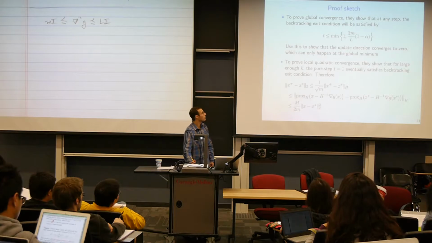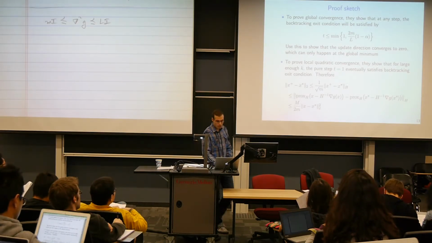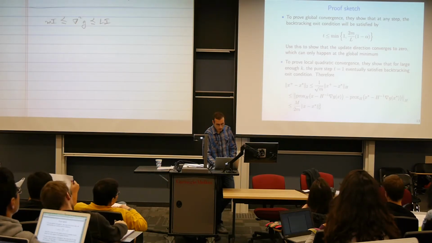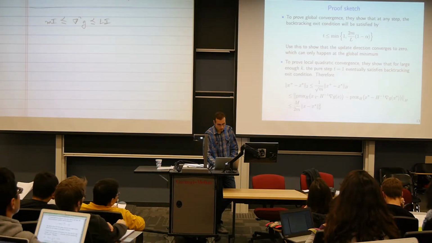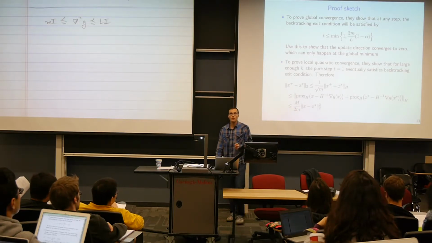So, a sketch of the proof. I'm not sure that I can give you much intuition for the quadratic bound that you eventually get. It comes from the specific properties of the scaled prox operator that are proven in that paper.